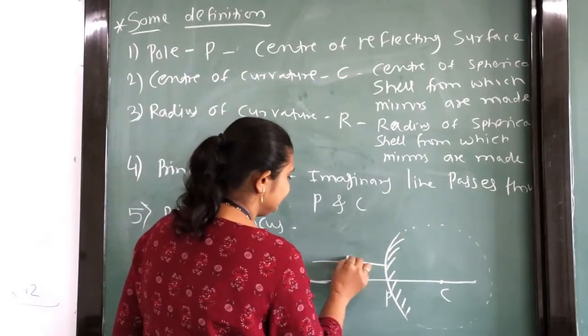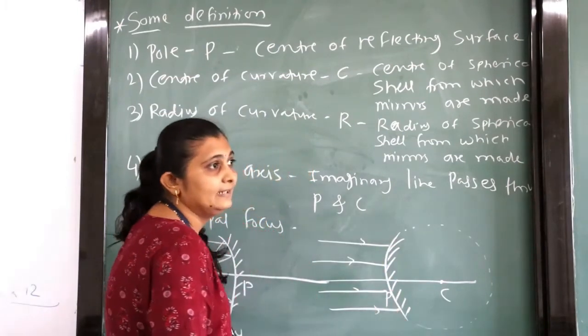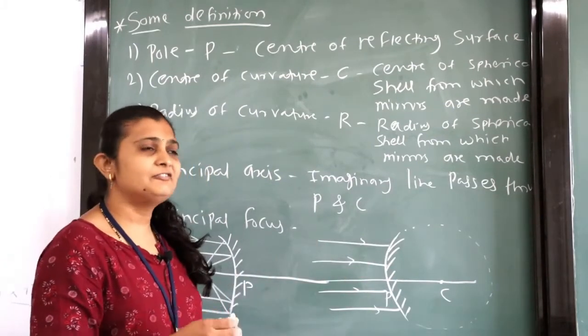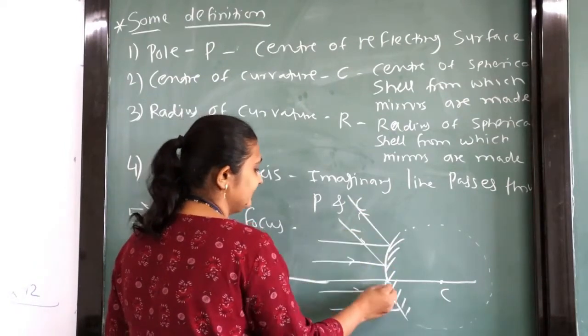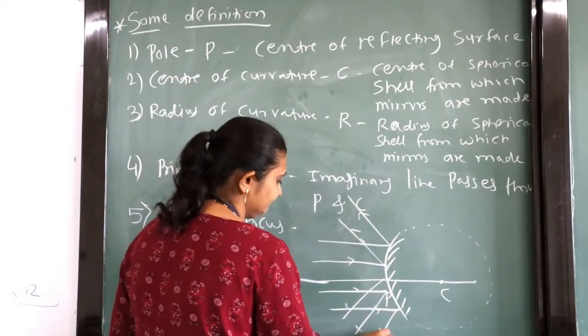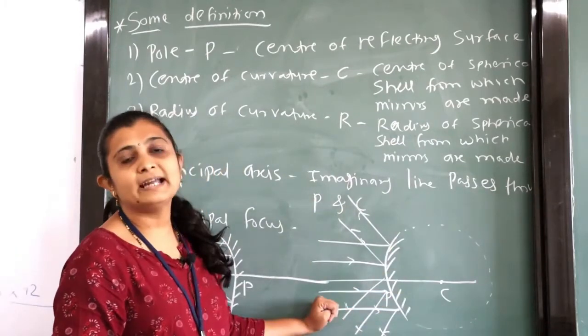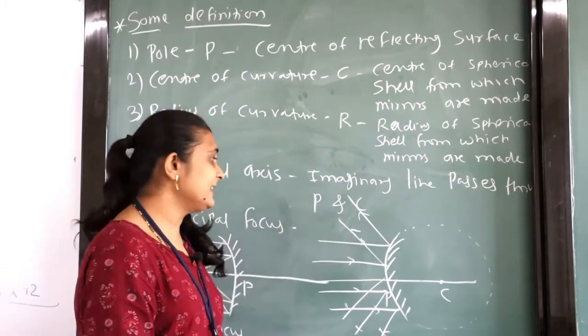Parallel rays incident on the convex mirror. Now see what happened after reflection. These are the reflected rays. In front of the mirror, these rays do not gather or meet at a single point. Hence we have to extend them backside.